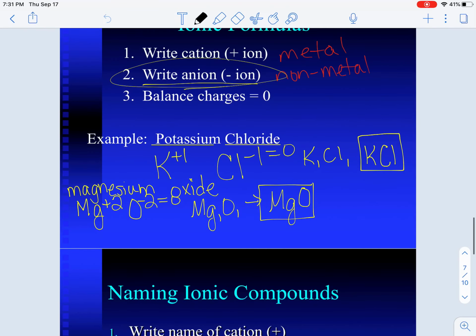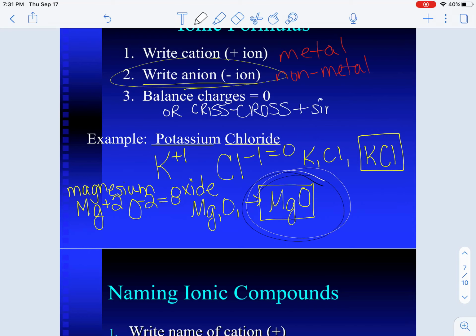So if you remember here, we looked at magnesium oxygen and we received the same answer, MgO, whether you're doing it the neutral way or the crisscross way. So I'm going to add up here. Step 3 is either balance charges or crisscross and simplify.